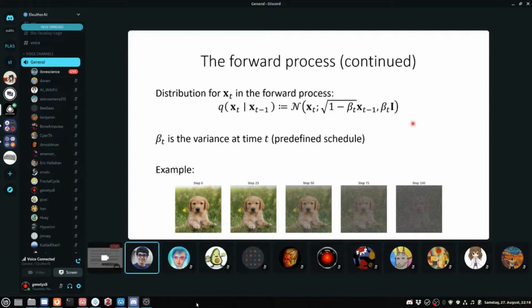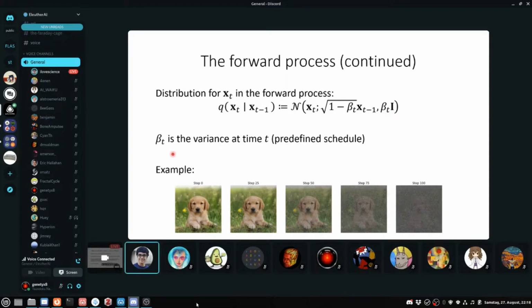The Gaussian distribution has a mean and a variance. The mean is parameterized by the previous time step, scaled by this factor here, and then we have our variance as well.